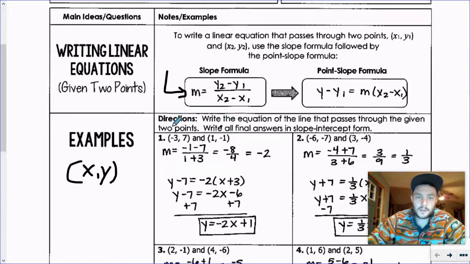This is, like I said, x1, y1. It's kind of hard to label from these, and it's in black, but this is my second point, so this is x2, y2. Essentially all they're doing is starting with y2, which was negative 1 minus 7, y1, and then 1 minus negative 3.